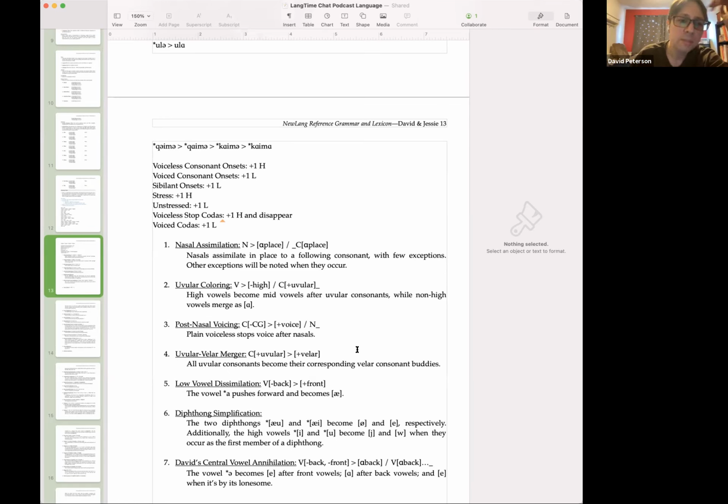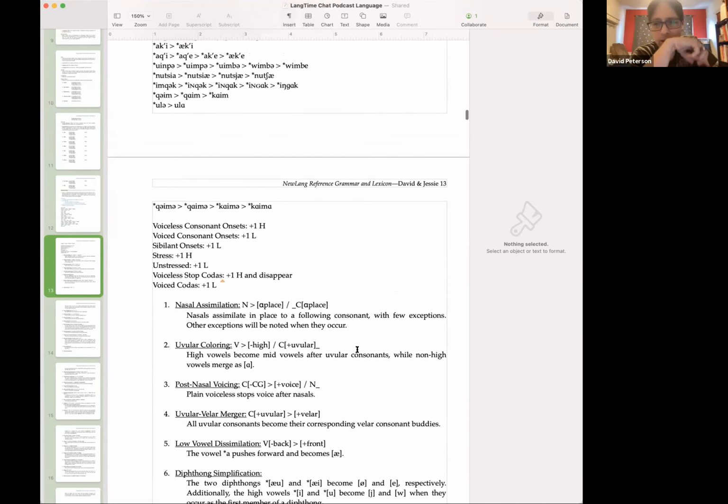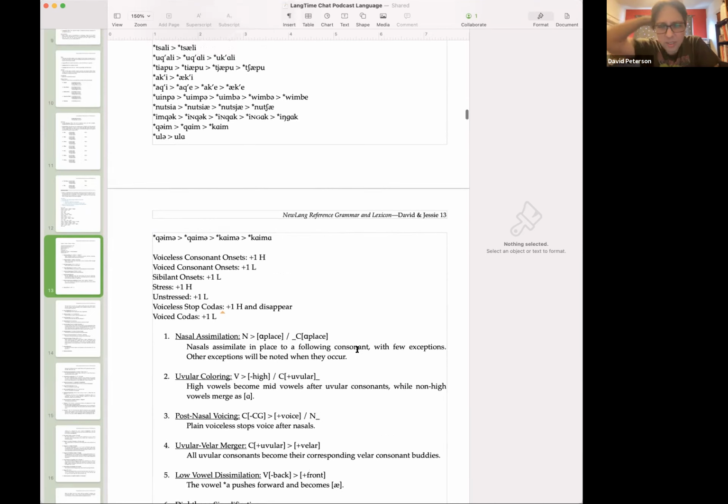It's got to come after that. Uvular velar merger, low vowel assimilation. Honestly, I don't think it matters because 5 through 7 is all about vowels. Yeah, and those aren't going to affect the uvular velar merger, it's still going to be okay. They're not under the same tonal rule.